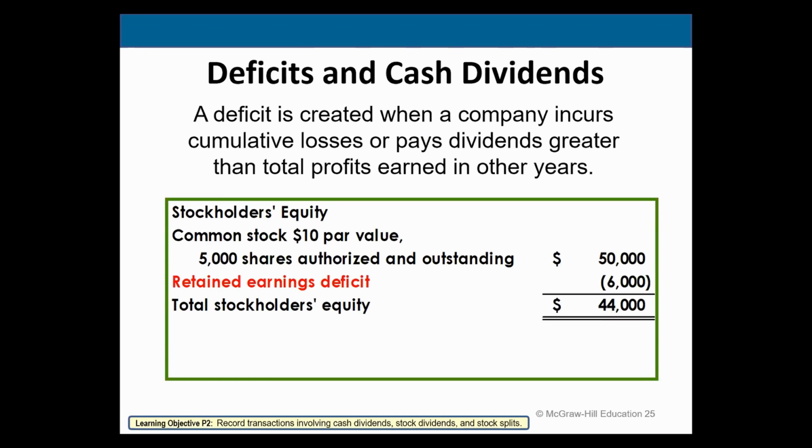Deficit and cash dividend. A corporation with a debit or abnormal balance of retained earnings has what's called a retained earnings deficit, which occurs when a company has cumulative losses and/or pays more dividends than total earnings from current and prior years. A deficit reduces equity as shown on this slide. Most states prohibit a corporation with a deficit from paying a cash dividend to its stockholders.